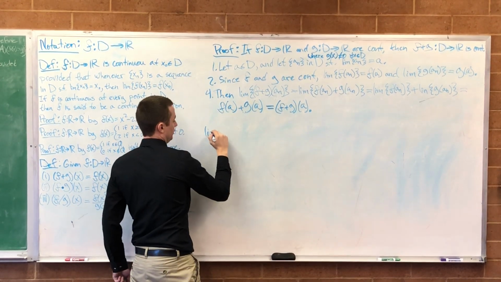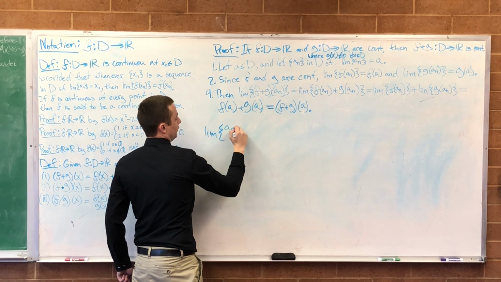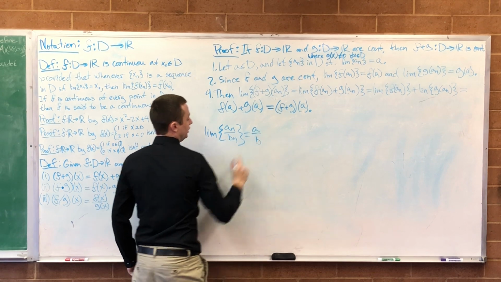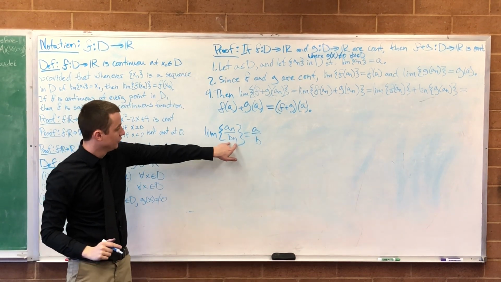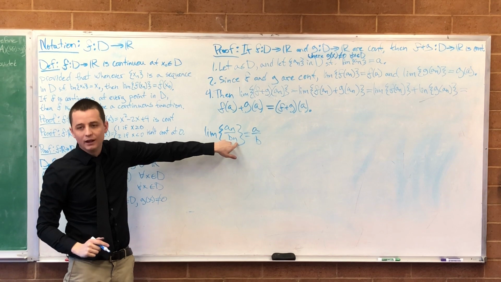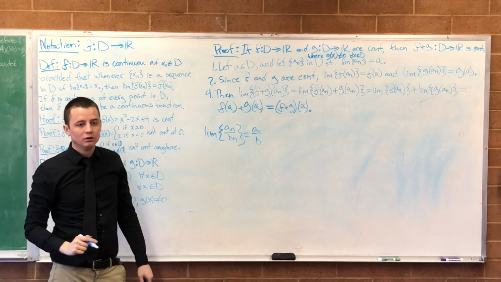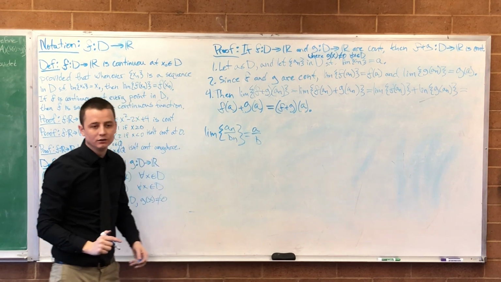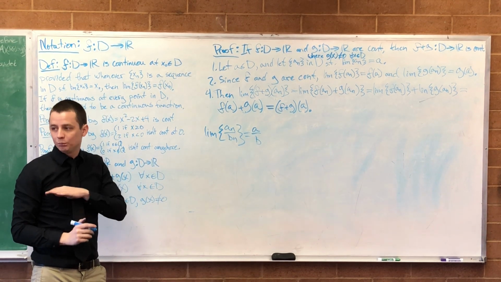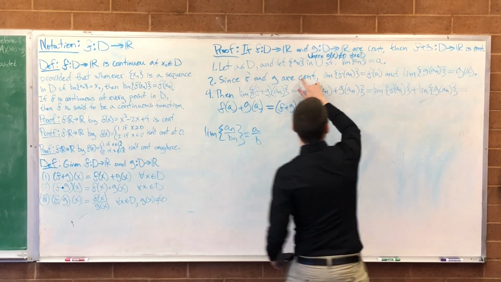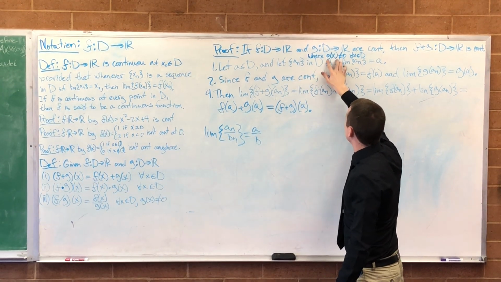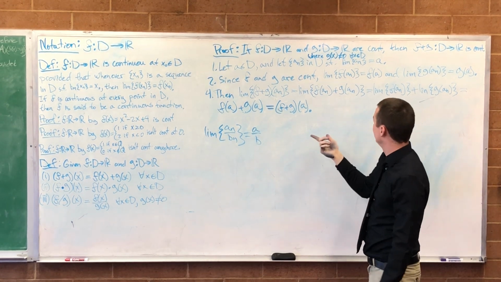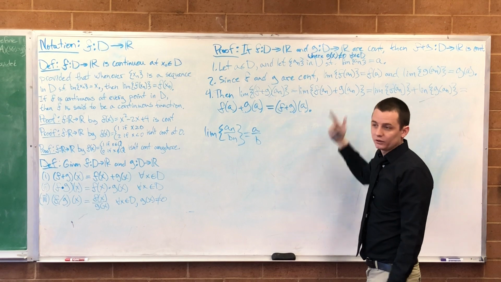The limit of a_n over b_n is equal to a over b only when b_n is never 0, because if b_n is 0 even once, then there's going to be a term in our sequence that is undefined. So we can't allow b_n to ever be 0. Same thing up here: we can't allow g of x to ever be 0. Otherwise, there could be a point when we're taking the quotient where it's not defined.